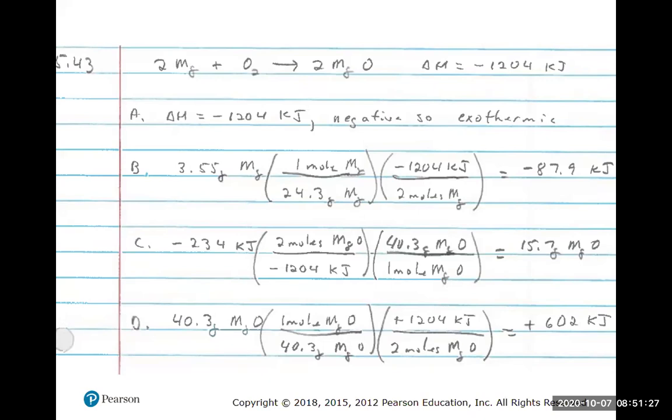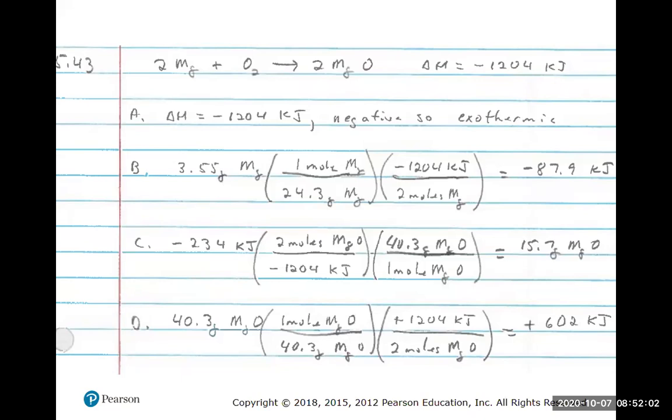Okay, so if we're at minus 234 kilojoules, and now we're interested in magnesium oxide, we want to get from energy, kilojoules, to grams. So once again, we know moles are going to be involved, and we know the stoichiometry is going to be involved as well. Kind of similar to what we talked about in B.